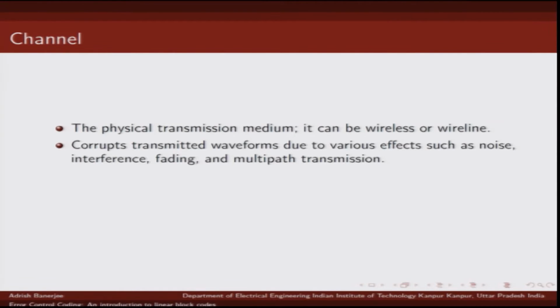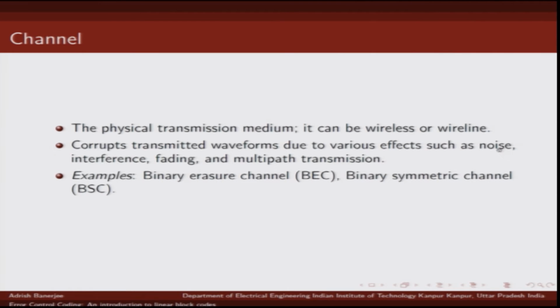Now, what effect does the channel have on the transmitted sequence? As we know, the channel corrupts the signal in multiple ways. For example, noise deteriorates the signal. Interference is because multiple signals clash with each other. Fading: if you are, let us say, under some building, you may not get a very good signal.